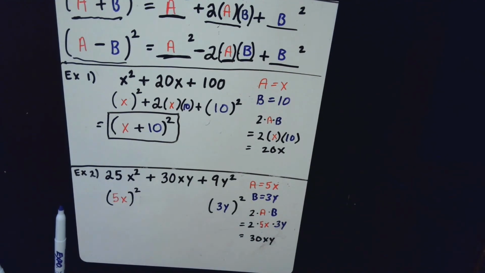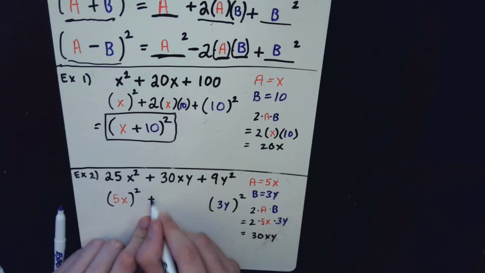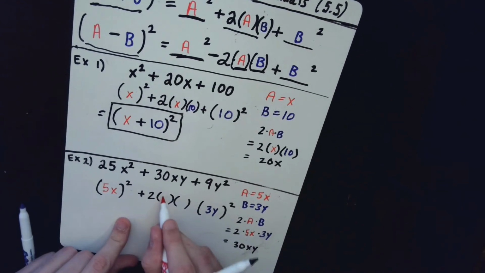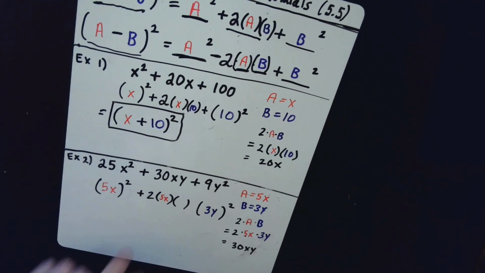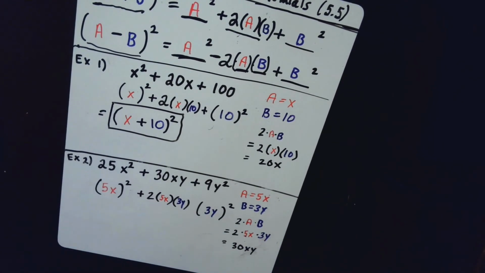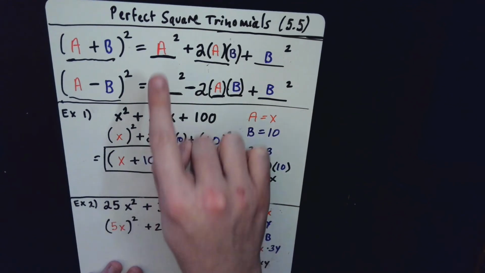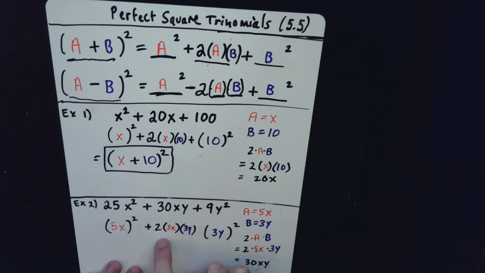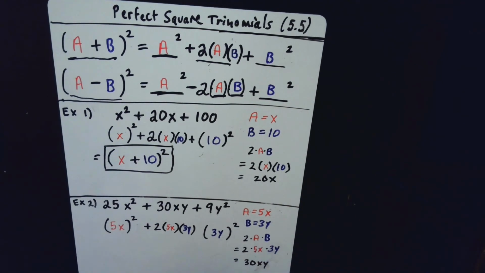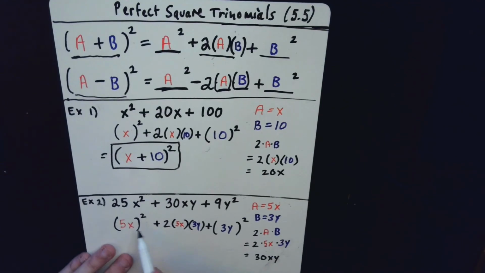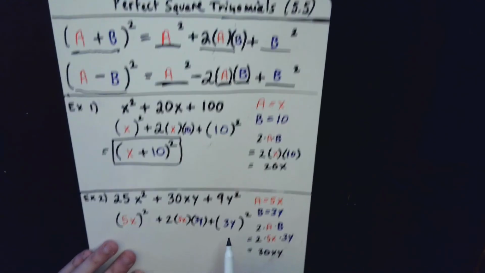So what I'll do is I'll just write plus 2, let's fill in those. We've got 5x, and we've got 3y. We can see that this is identical to what we have above on the right hand side. We've got something squared plus 2 times that same something times the other thing, plus b squared. So a squared plus 2ab plus b squared.